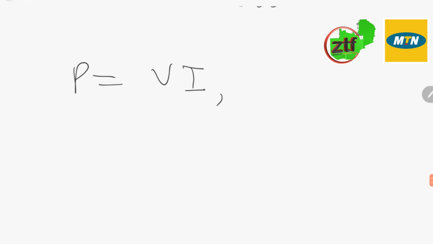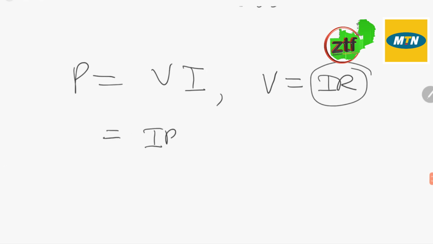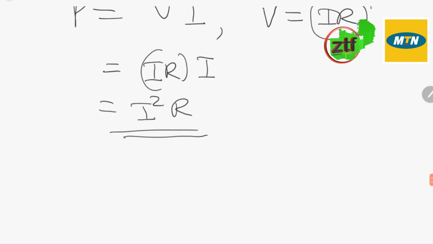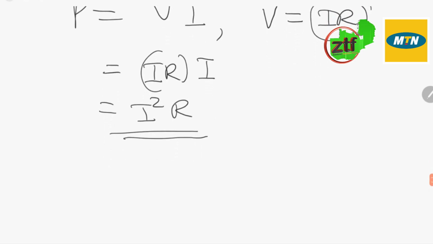So we can get V equal to IR and replace this in our equation, so that we get IR times I, so that we get I squared R. This is the equation that we are going to be using in order to determine which pair is going to be correctly represented and which one must give us 16 joules per second.